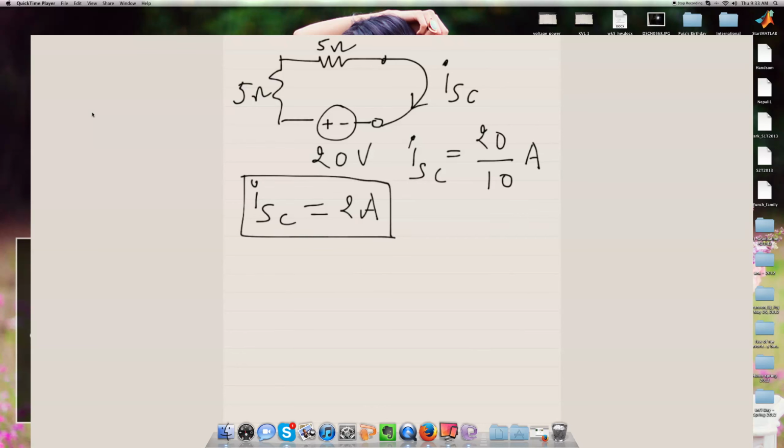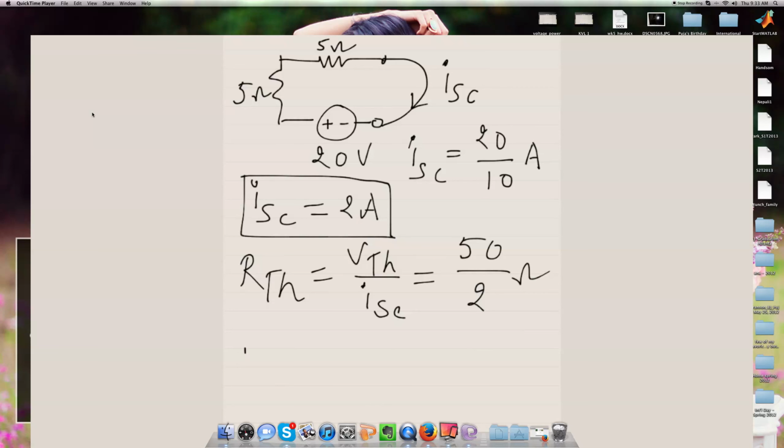ISC is also called the Norton current, and the R Thevenin is given by the ratio of the Thevenin voltage to ISC, or the Norton current. The Thevenin voltage was 50 volt, and we just found the ISC to be 2 amp, so we're looking at 50 over 2 ohm. In other words, R Thevenin is 25 ohm.